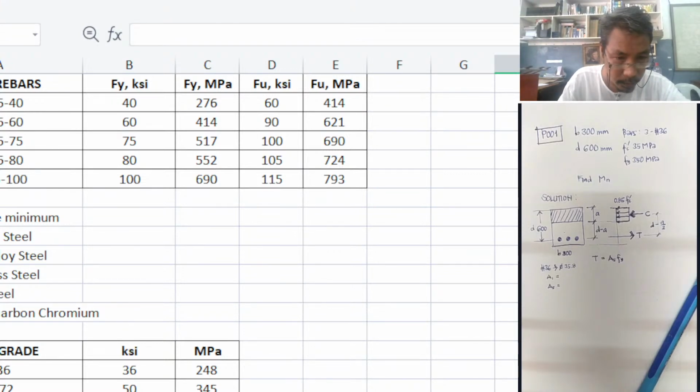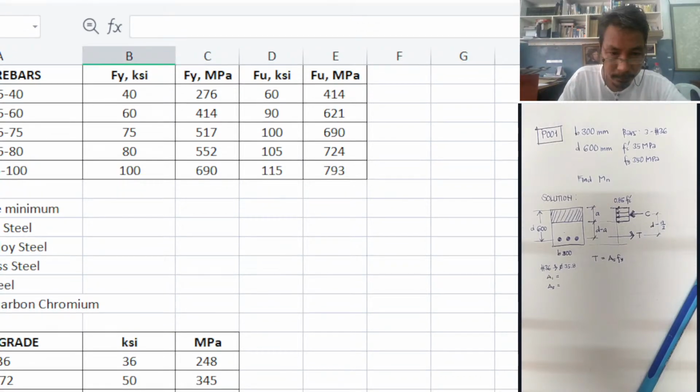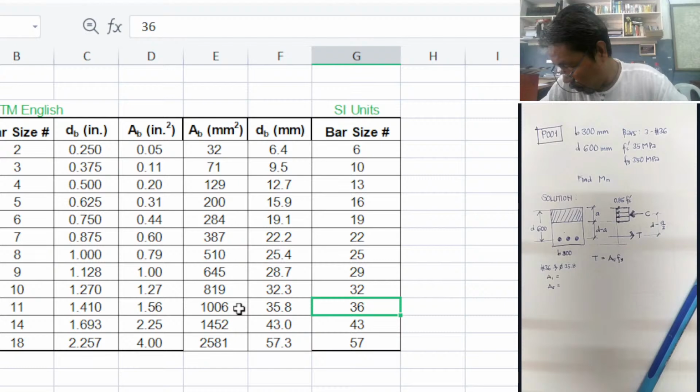So I will show you the bar sizes here. So we have bar sizes. So 36, look at this. So we have 36. Okay, 35.8 diameter, and the area is actually 1006.